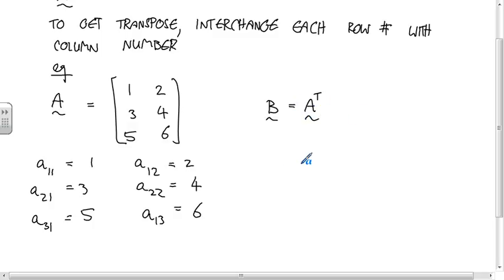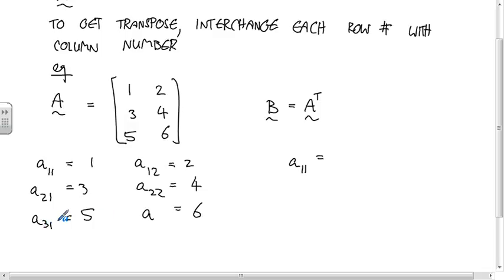That's going to have the values A11, interchange the 1 and the 1, and you get 1 back. Yep, I did those wrong, didn't I? Thanks.